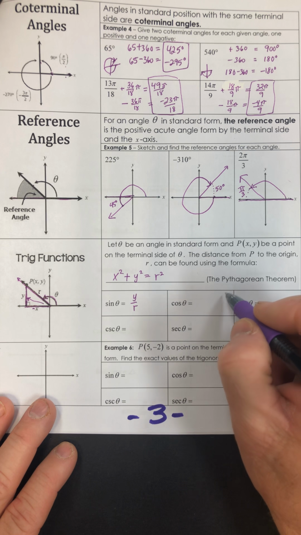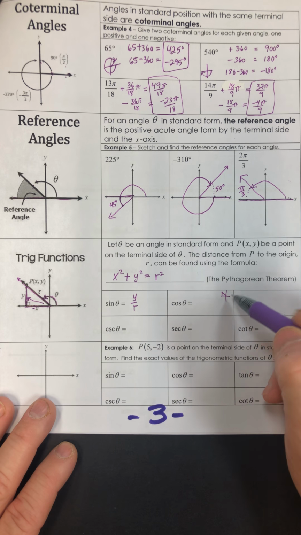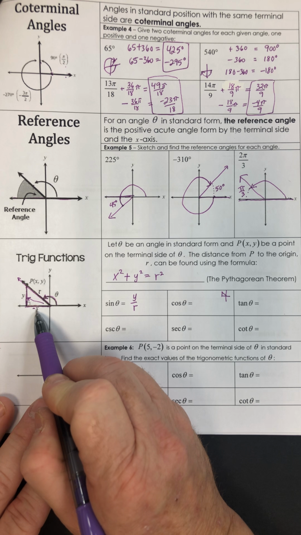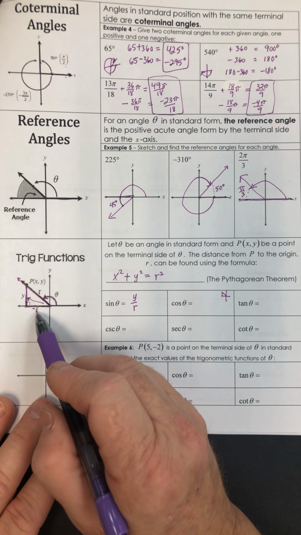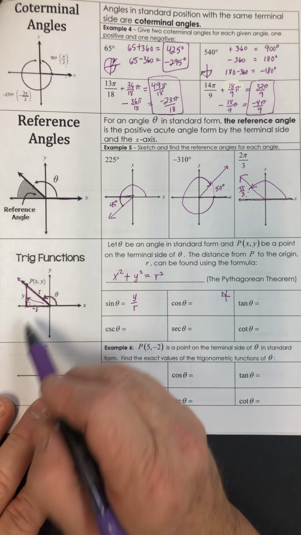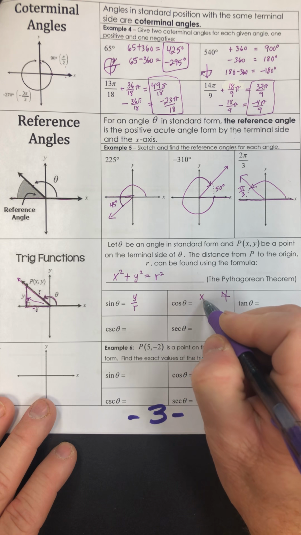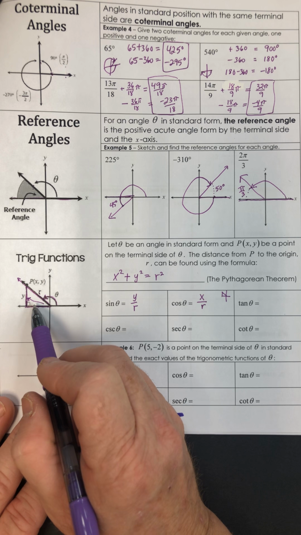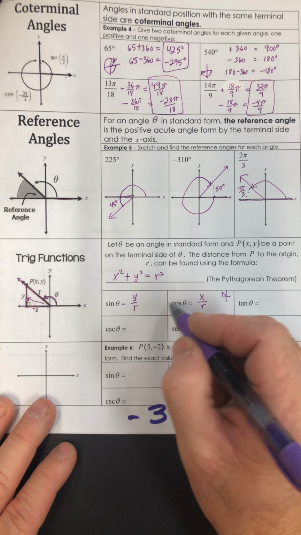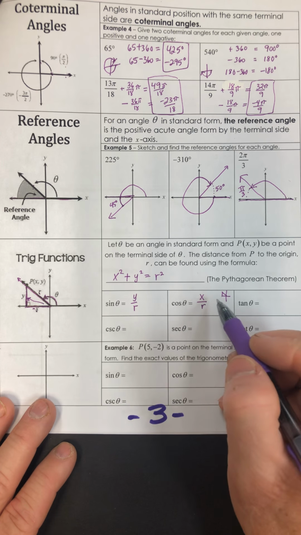Cosine, if I quickly draw where that triangle is, cosine is going to be adjacent over hypotenuse. So adjacent is negative x. But for now, we'll just say it's the x value over the radius, because it's not always going to be in the second quadrant. If it was in the first quadrant, it'd be positive x. So this is just in general.